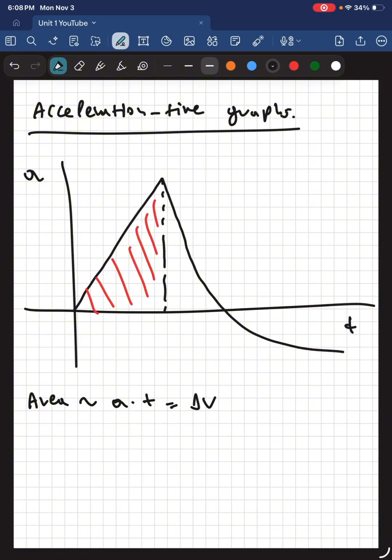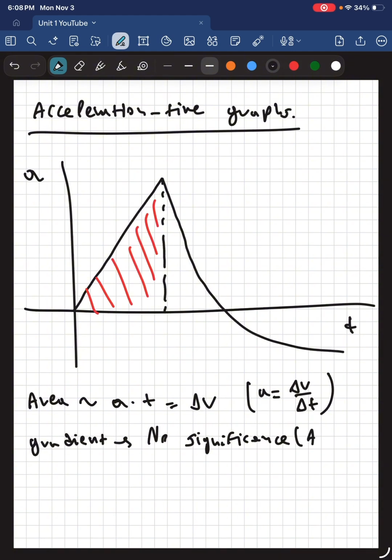It's delta V, because remember acceleration is defined as delta V over delta T. So if I multiply acceleration and time, I get delta V. And the gradient of an acceleration versus time graph has no significance, at least for the AS level.